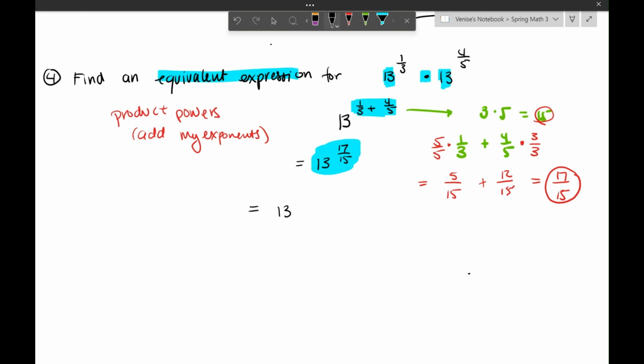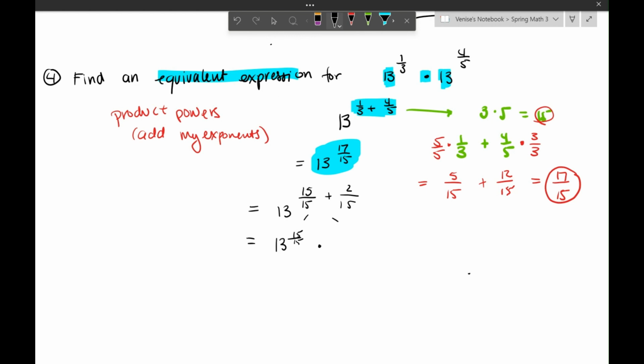So then we get 13. We want to change 17 over 15 into a mixed number. Give me a number that 15 divides and that is less than 15. We should get 15 plus 2. So that becomes 13 to the 1. Before I do that, let's separate.